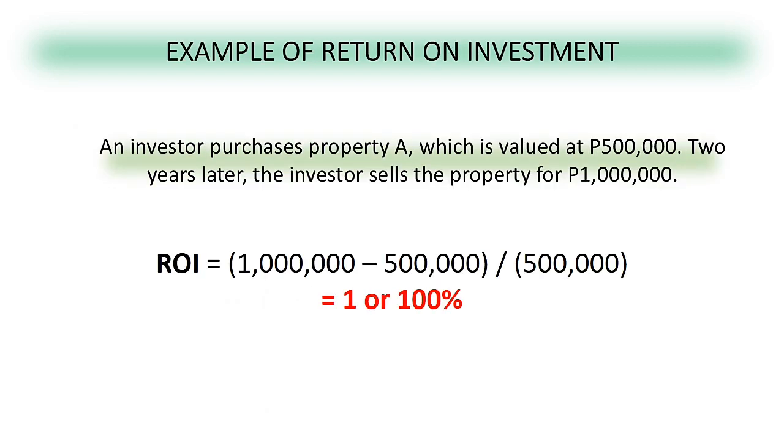An investor purchases property valued at 500,000, and then 2 years later the investor sells the property for 1 million pesos. So ROI is equal to 1 million minus 500,000, then divided by 500,000. It will give us the result of 1 multiplied by 100.